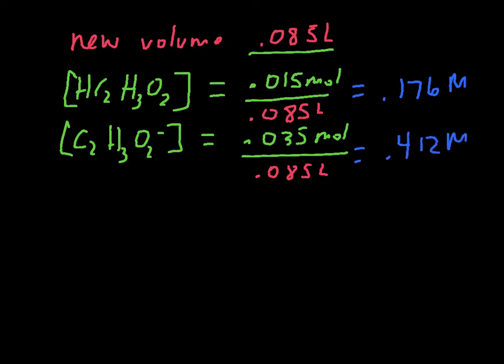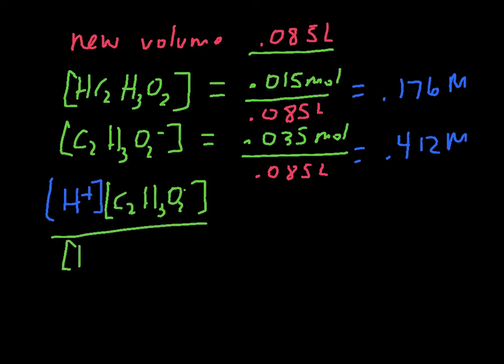So now, back to a mass action expression. It's going to be the hydrogen ion. I should maybe write that so you see it. So again, it's the same darn thing. It's H plus times the C2H3O2 minus over the HC2H3O2 concentration.